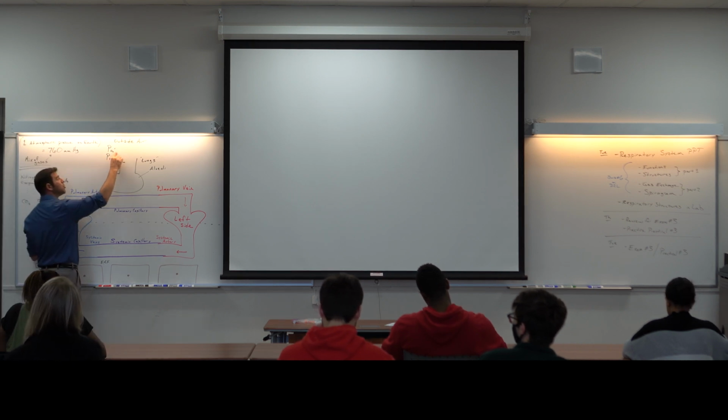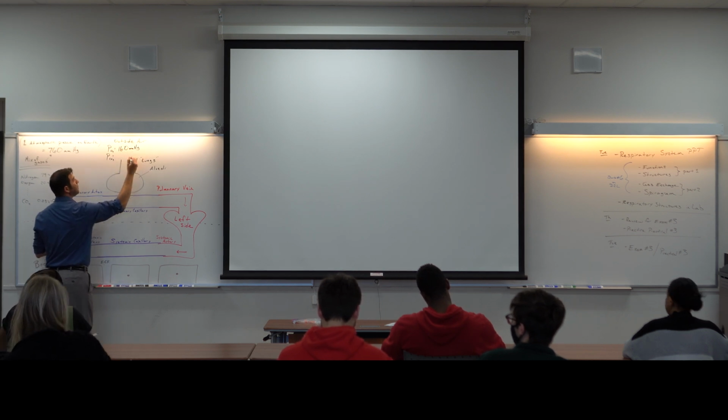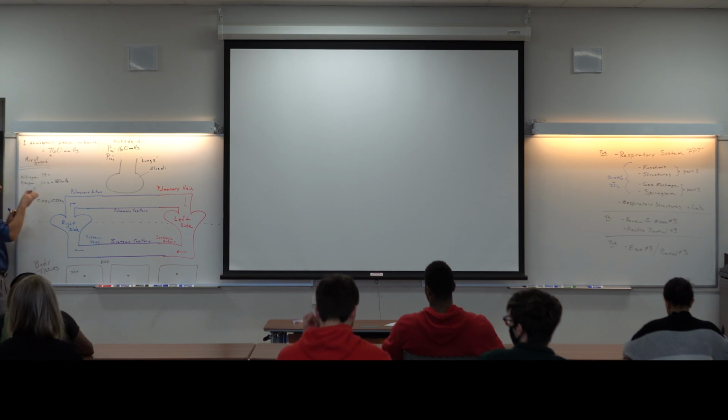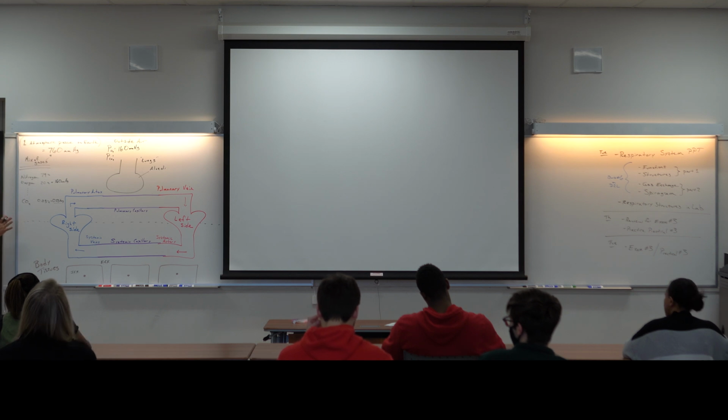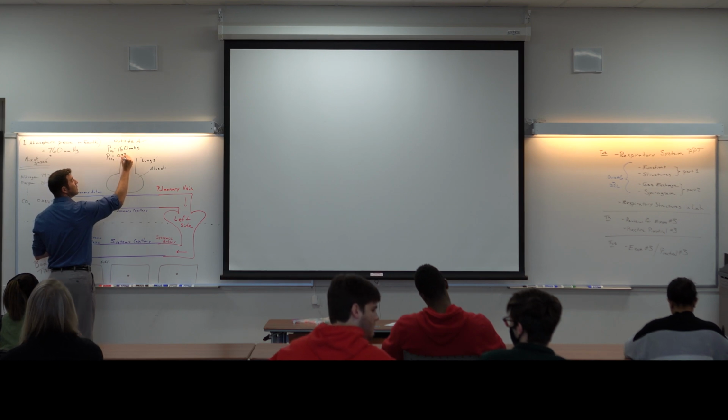The partial pressure of oxygen in outside air is going to be 160 millimeters of mercury. We won't talk about elevation change because that changes if you're at sea level or up at the top of Mount Everest. But this is based off sea level. And the partial pressure of carbon dioxide in outside air is less than 1%.